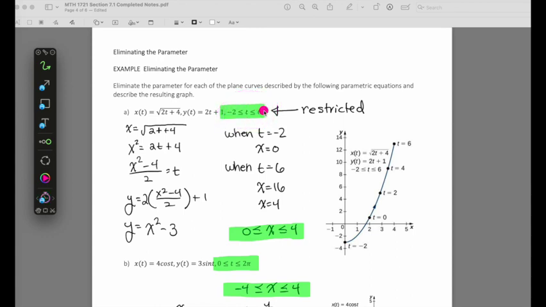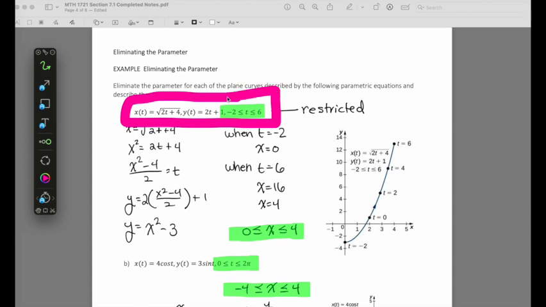Because your t is restricted, I'm only going to be able to get out certain values of x. So we want to make sure that when we graph this, it's not going to be for all real numbers because our t is restricted here. So if we want to truly graph this in terms of x and y, we have to stick to that restriction.